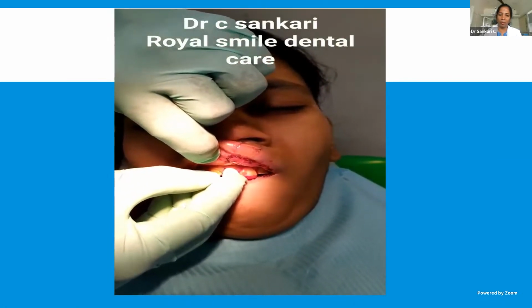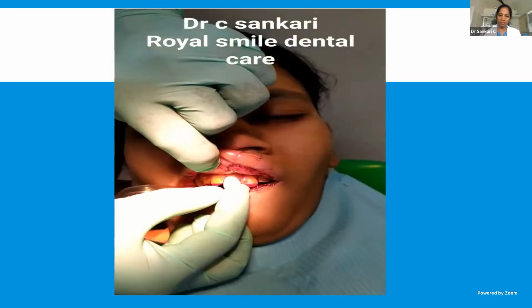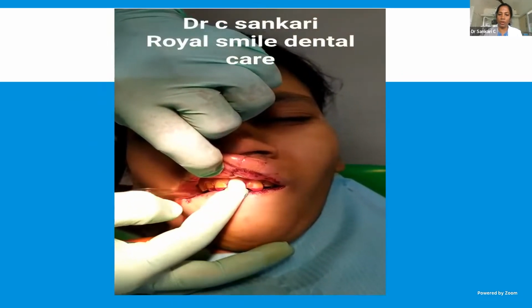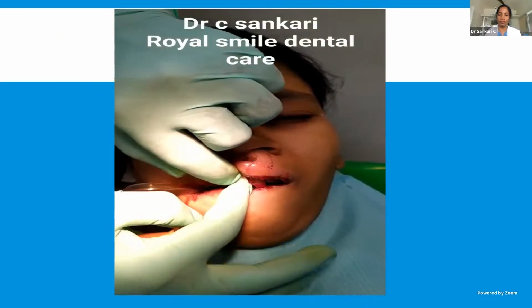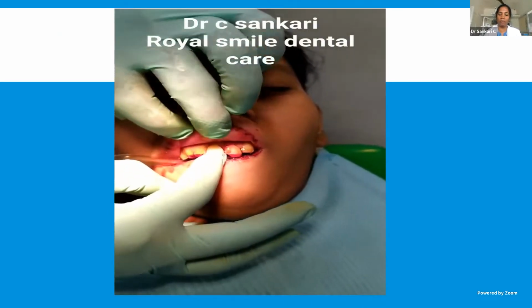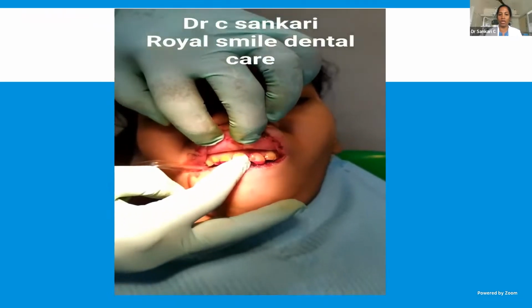Just apply a gentle pressure and check for the position of the tooth. Whether you are placing it correctly in the labial position or palatal position, you have to check. If everything is in place, then go for splinting.